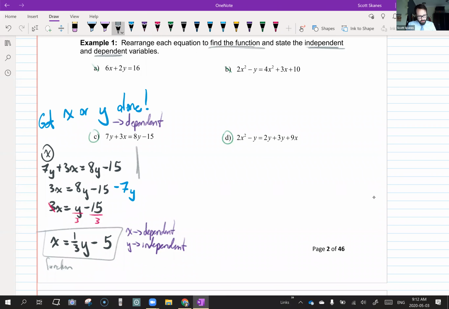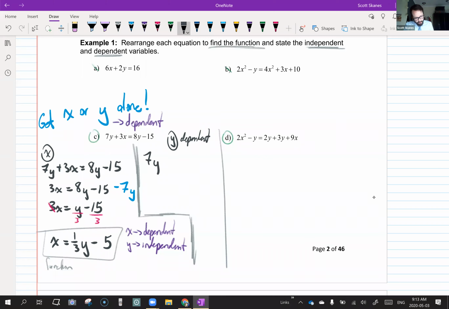So let me go ahead and say, all right, what if I had chosen Y? Maybe you wanted to choose Y instead. Well, let's do that. I want to try solving for Y. I want Y as my dependent. I want to isolate it. So I'll say 7y. I'm just going to go ahead and rearrange to begin with. Bring the 8y over. Negative 15 stays where it is.